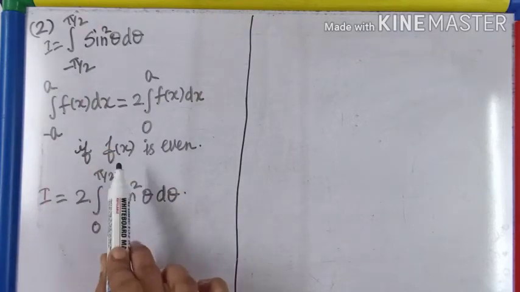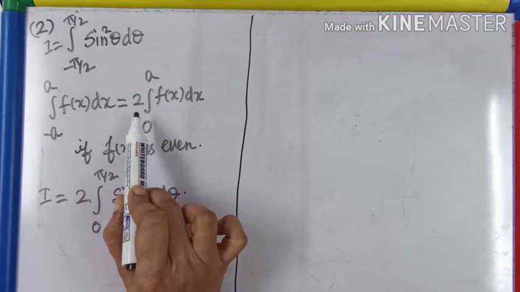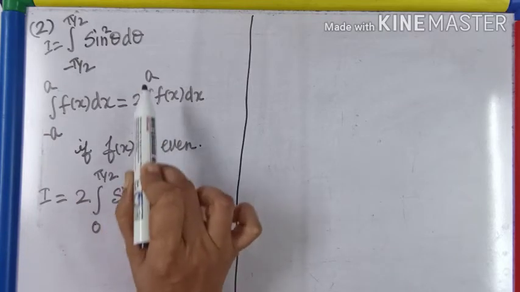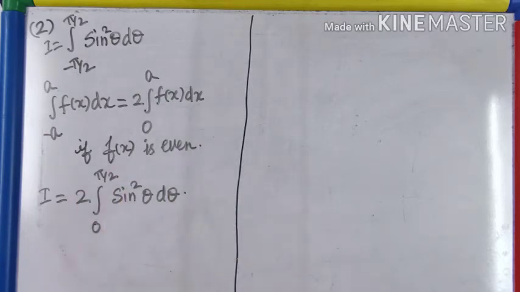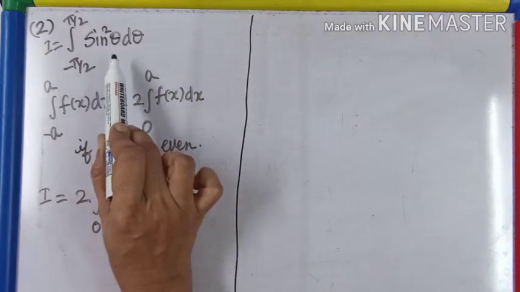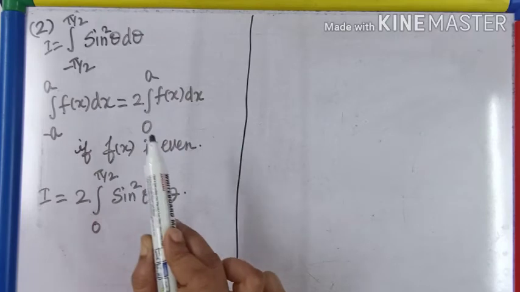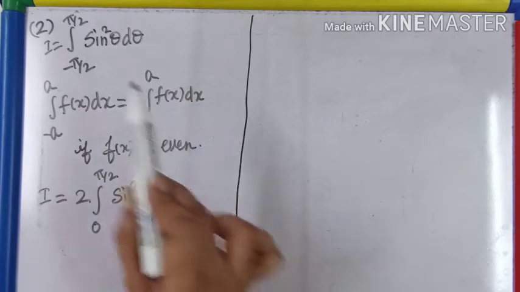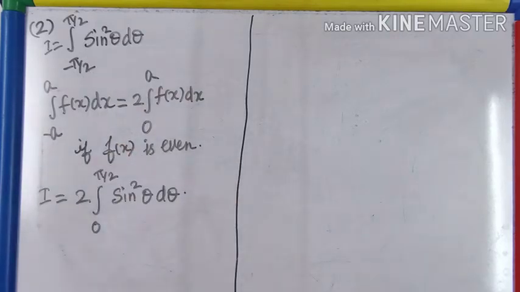And whenever it is an even function, we remember the formula: 2 times integral 0 to a of f of x dx. In this question, instead of x, theta is given. So all the formulas that I use for x, I will use for theta now. So rewrite this integral as 2 times integral 0 to pi by 2 of sin square theta d theta.